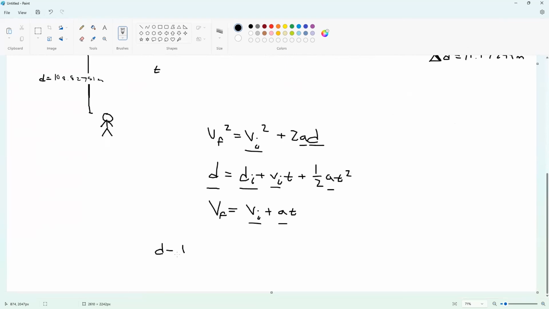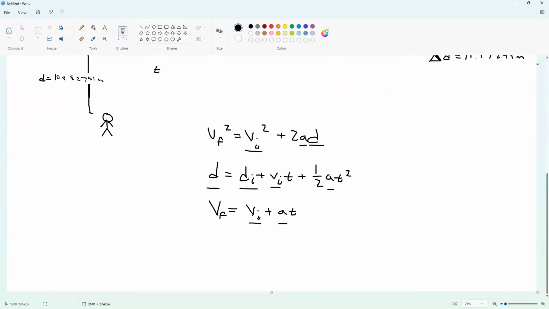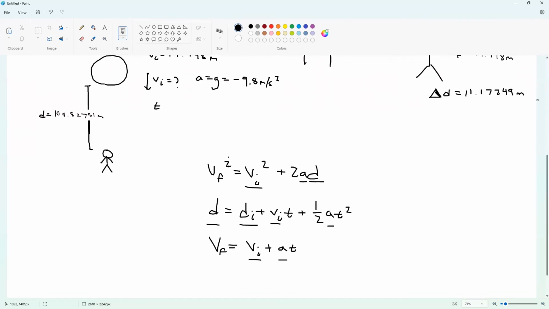So we have d minus di is equal to vit plus 1/2 at squared, and that then becomes change in d equal to t times the initial velocity plus 1/2 acceleration times time. And now you have some goofy looking algebra 2 equation that I really don't want to deal with. So let's see if we can find even more variables. Can we find any more data?